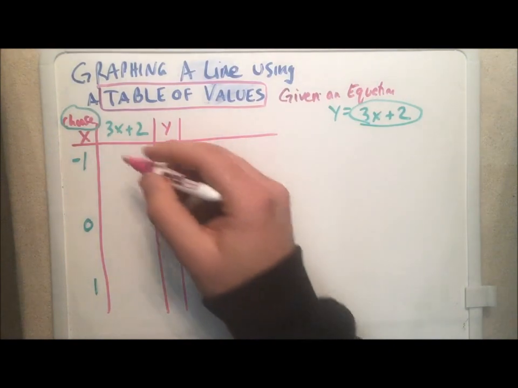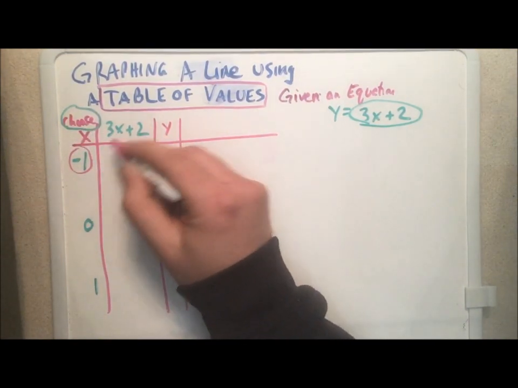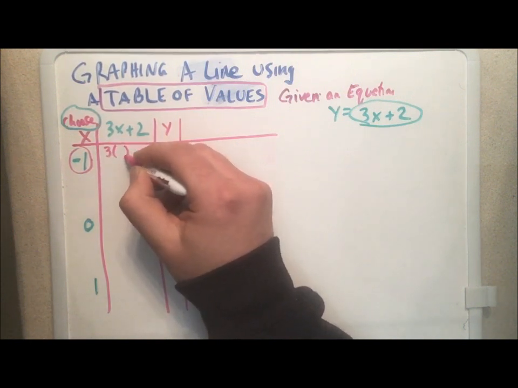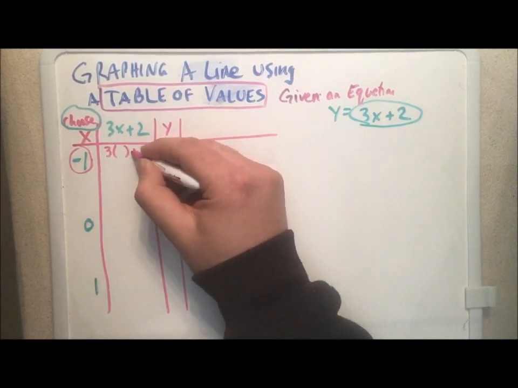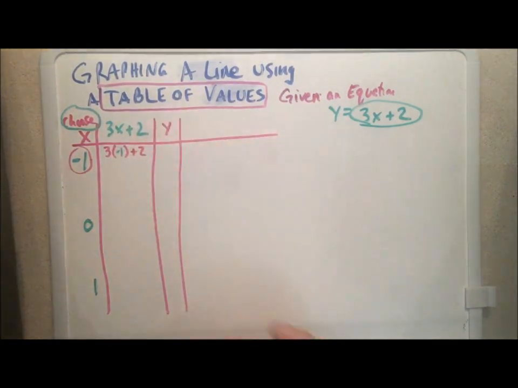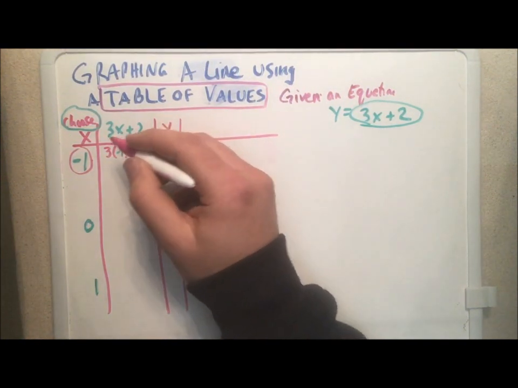Now just watch how this happens. First things first, if we choose x to be -1, all we have to do is put that in place of x. So 3, instead of the x, I'm going to put -1. And then from here, all we're doing is BEDMAS, the order of operations.